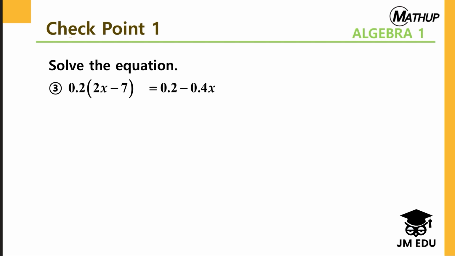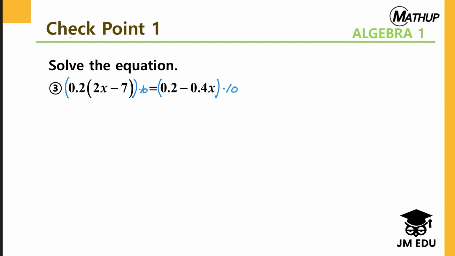Number 3. When we have decimals, we can multiply both sides of the equation by a power of 10. In this case, we can just multiply by 10, right? Then we'll be able to remove decimals. So let's try that. I'm going to multiply by 10 here. Then I also have to multiply by 10 here.